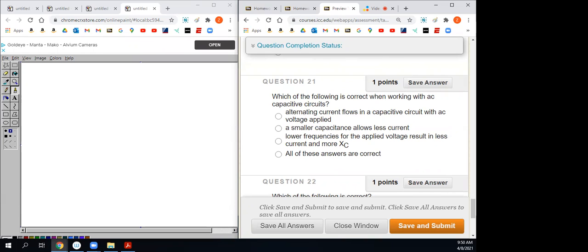A smaller capacitance allows less current. Lower frequencies for the applied voltage will result in less current and more capacitive reactance. Or all of these answers are correct. D, final answer? That's right, all of them are right.